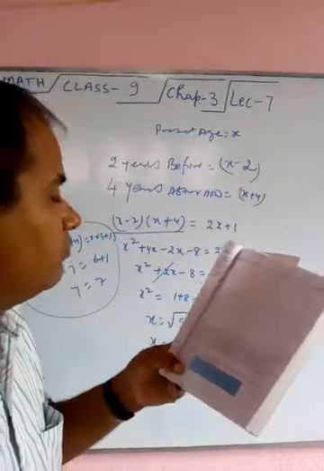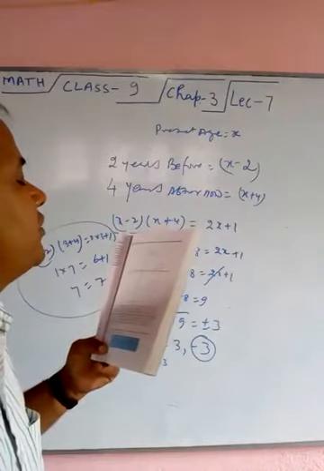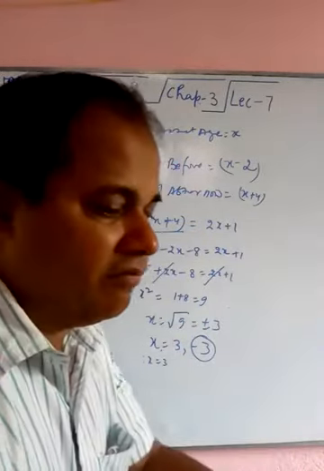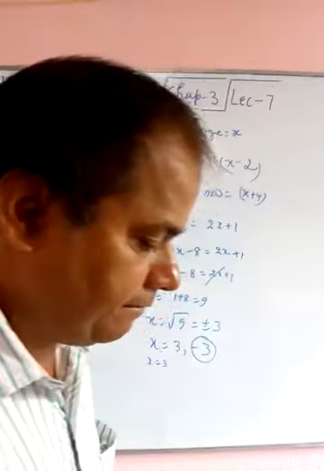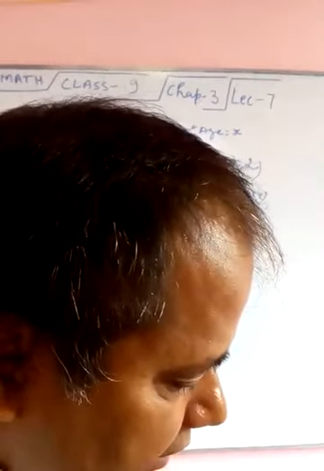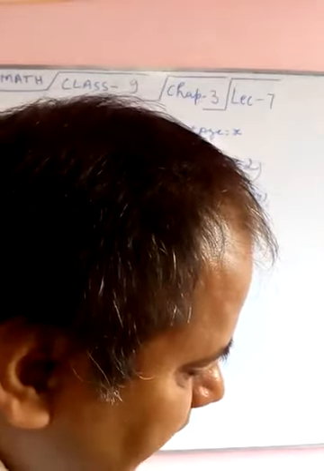Example number 4. This is page number 63 of NCERT class 9. Example number 4 is saying that plot the following ordered pairs (x, y) of numbers as points in the Cartesian plane.